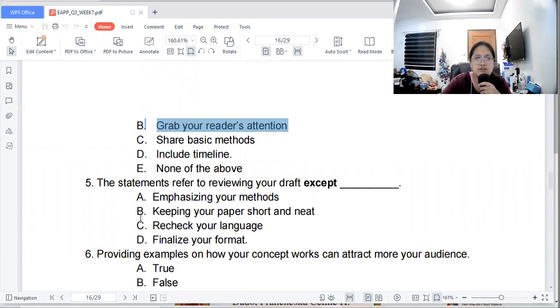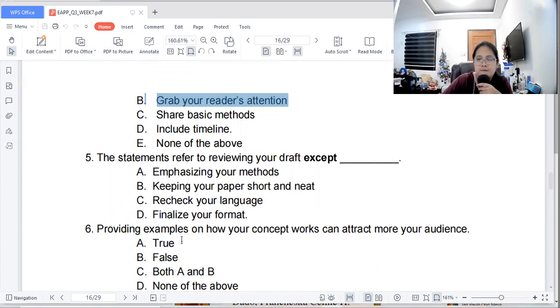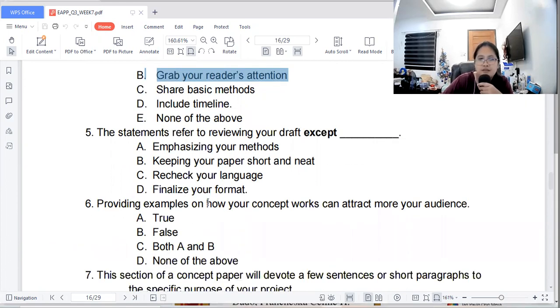Number 5, okay, these statements refer to reviewing your draft, except your paper short, to check your language, finalize your format. Letter A, hindi yan kasali. Emphasizing your methods, okay? Number 6 is providing examples on how your concept works can attract more audience.